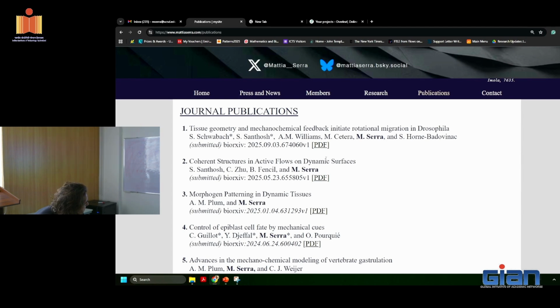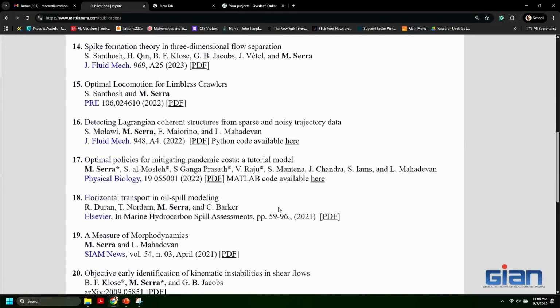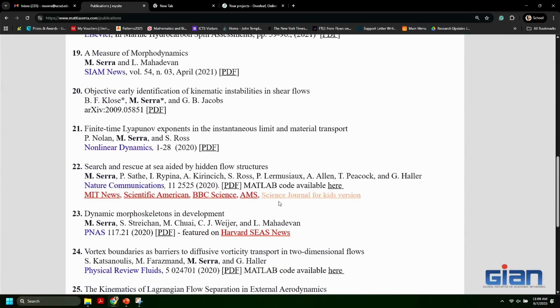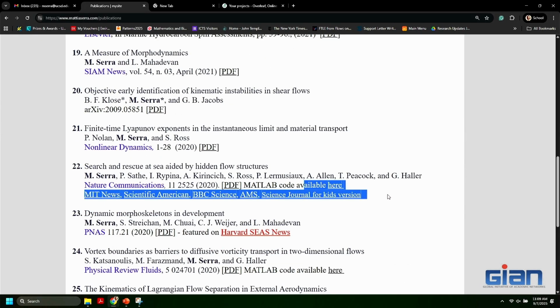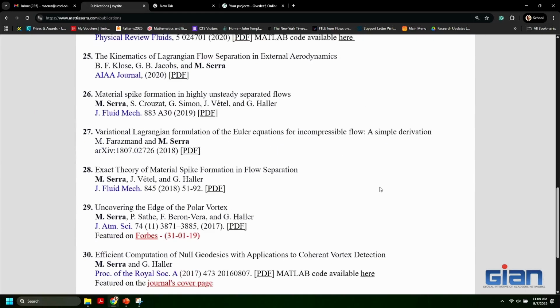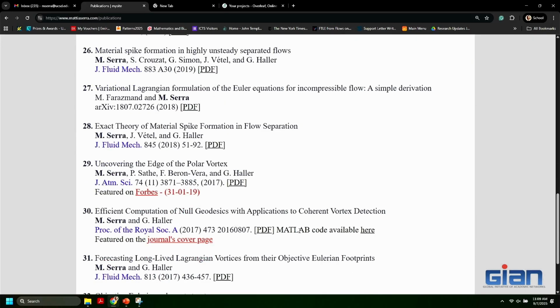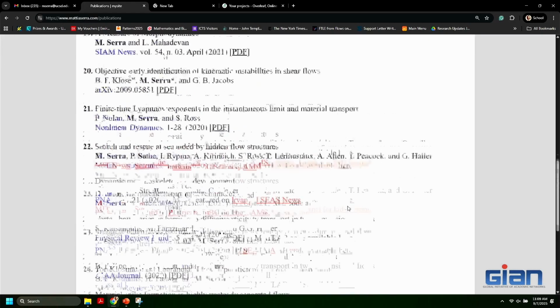Here is the paper, the code that we shared in GitHub. I still have to update some of them. But for instance, if you want to compute the traps, the code is here. These are shrink-attracting profiles. If you want to compute the elliptic coherent structures, there is a code here. So just go here, and there should be all the links to the GitHubs.